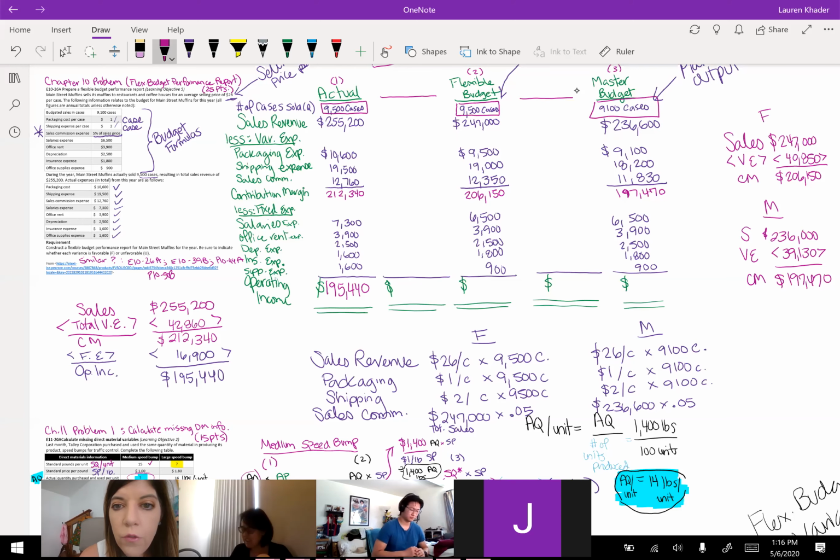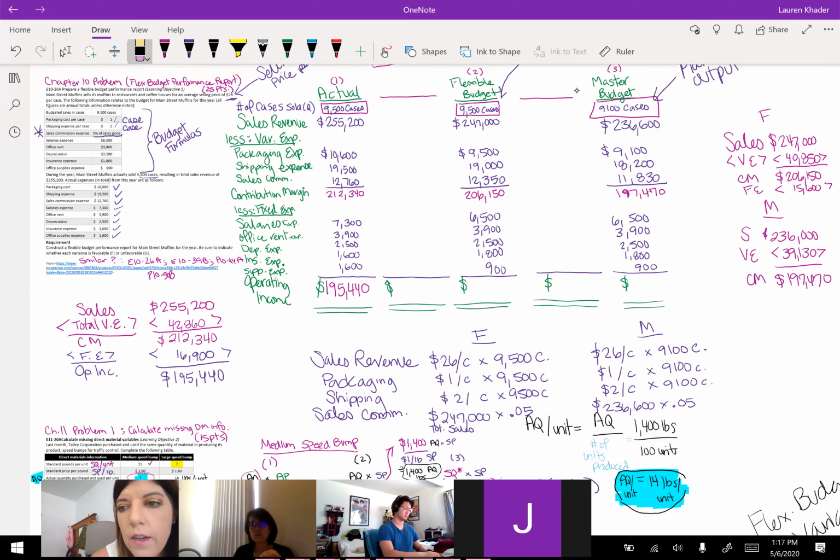For the flexible budget, you're subtracting fixed expenses of 15,600 from my contribution margin to calculate operating income of what?